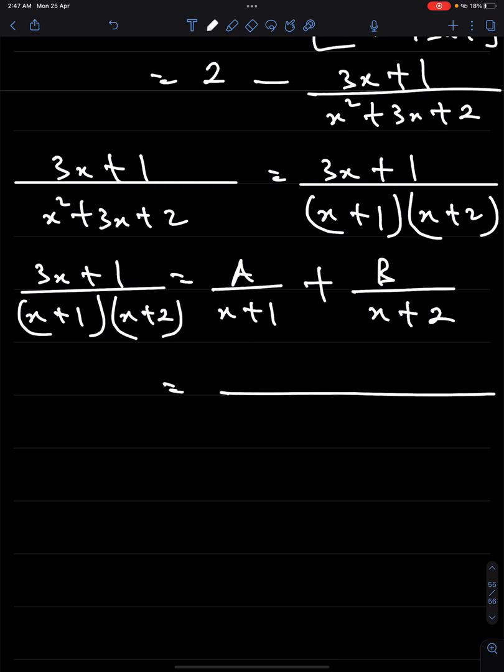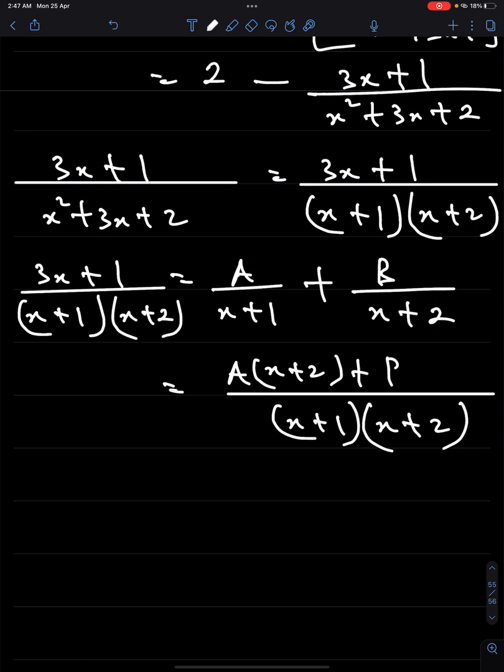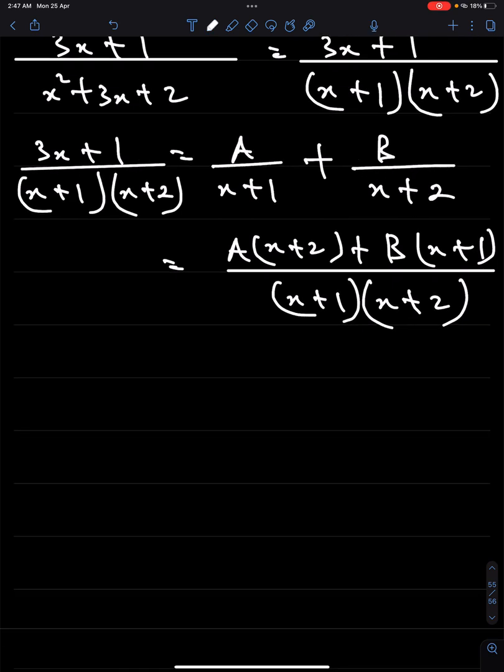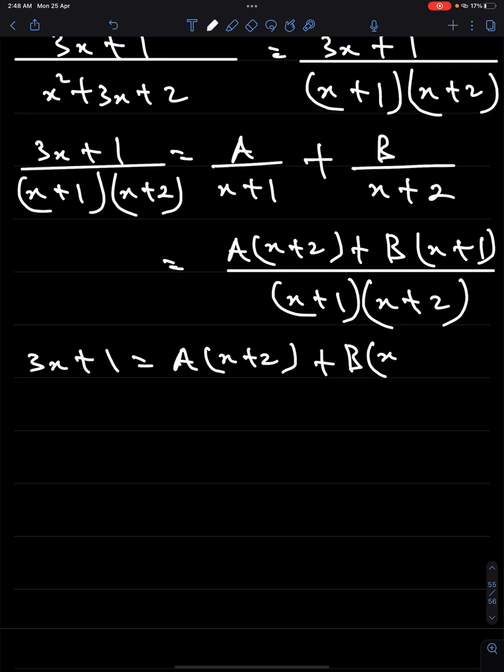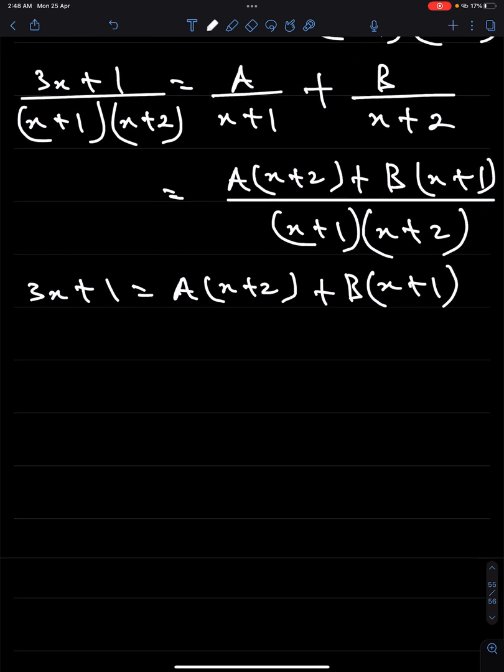The LCM is the product x plus 1 times x plus 2, and that's a into brackets x plus 2 plus b into brackets x plus 1. So that means 3x plus 1 is equal to a into bracket x plus 2 plus b into bracket x plus 1.